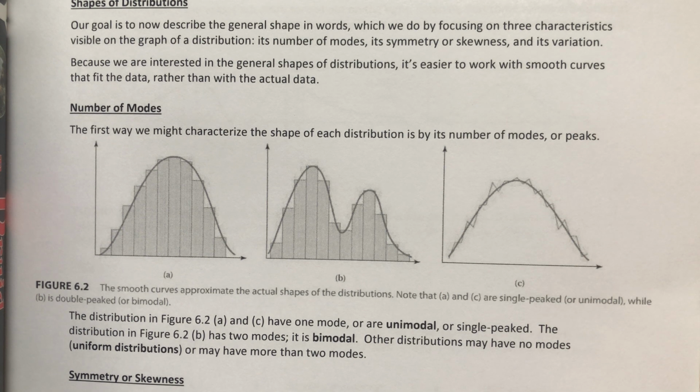So when we're working with general shapes, we usually do a smooth curve rather than the actual data. And so here are 3 smooth curves. You can see the raw data underneath it, and then we just draw a very smooth curve to it. And when you're drawing the smooth curve, it's not going to fit the data exactly. Real world data does not make a perfect mathematical model.